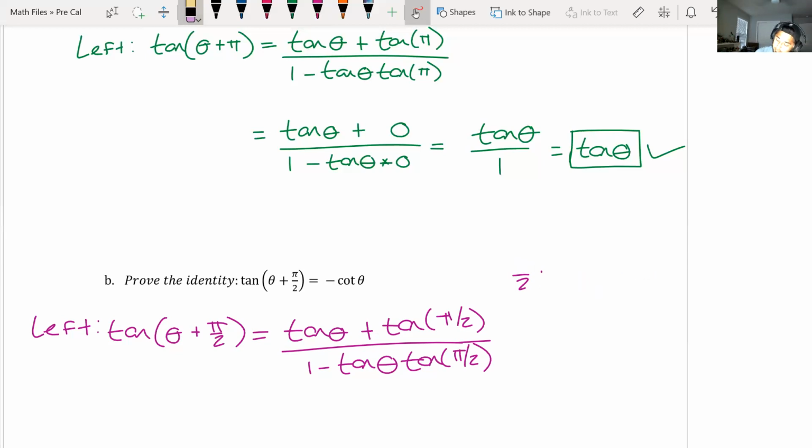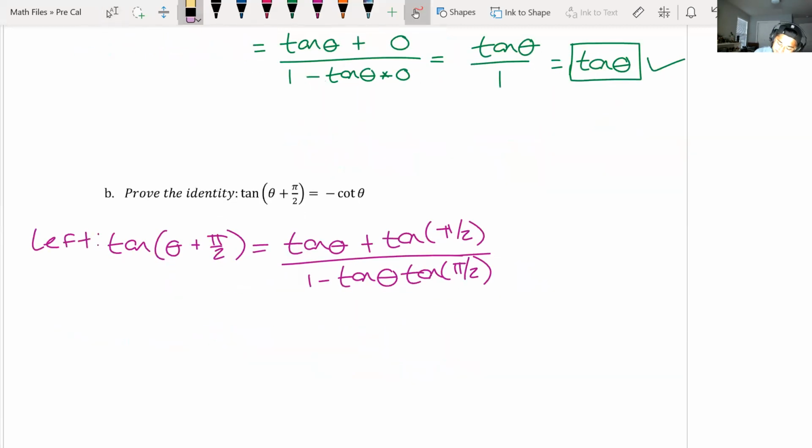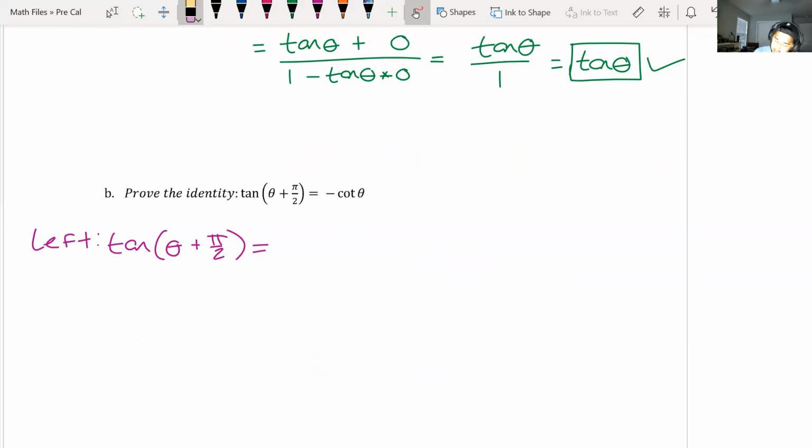Could we work from the right side? I wouldn't do the right; that's going to be way more difficult. How about we think of identities? Tangent is what identity? Sine over cosine. So why not use that?